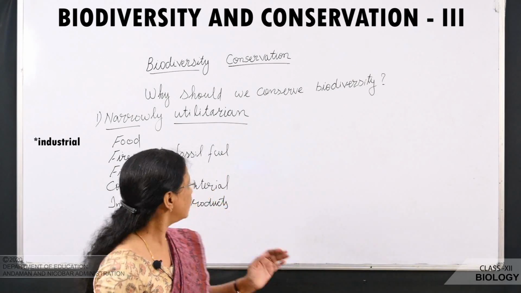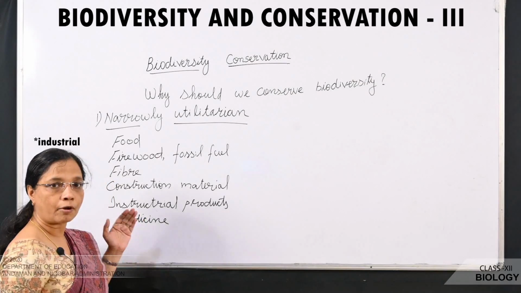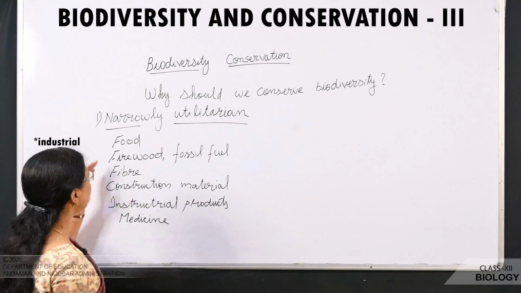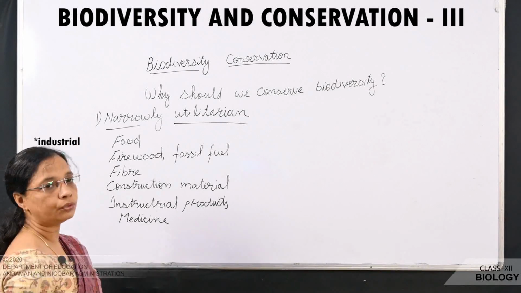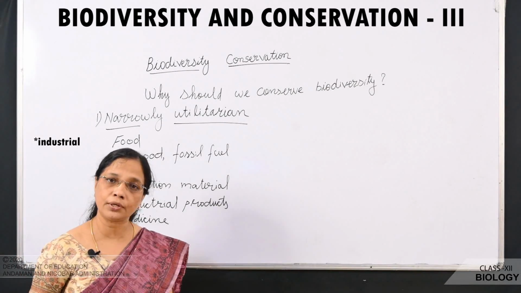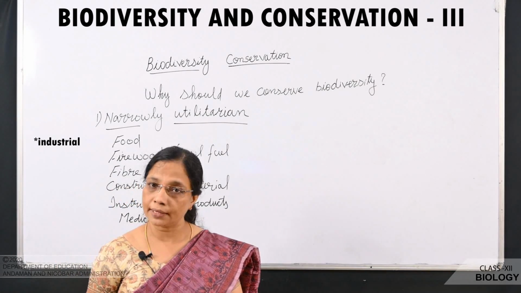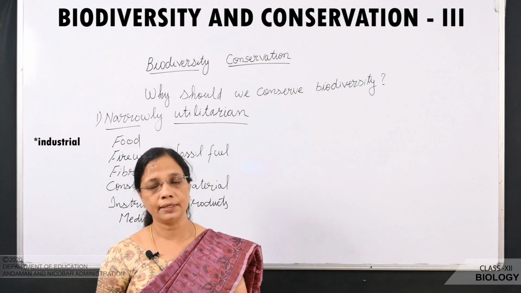So these are the economic benefits that we are getting from the nature. That is why it is known as narrowly utilitarian. So what is narrowly utilitarian? Human beings derive economic benefits directly from the nature.